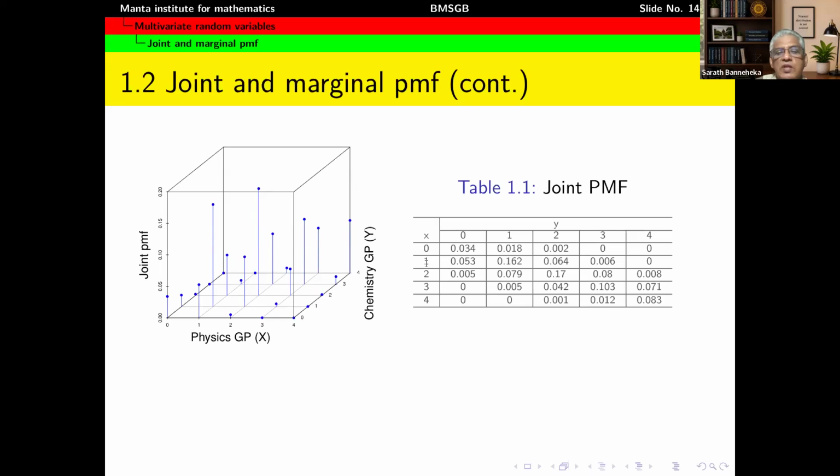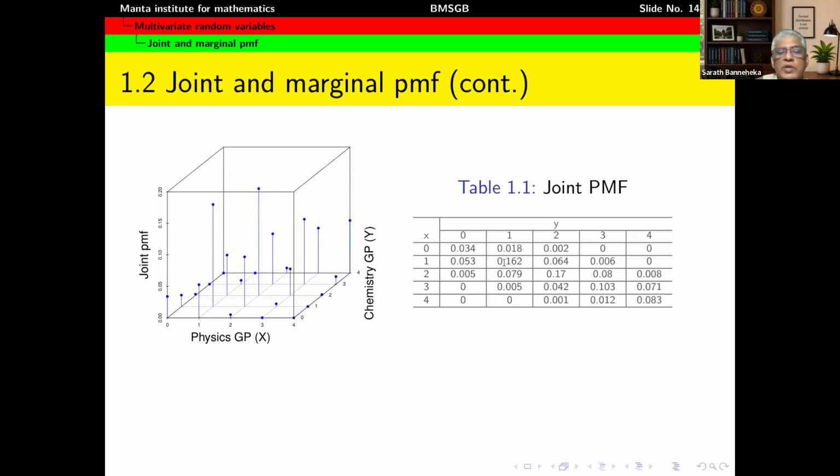And then if you consider this, those who got 1 for physics, right? Nobody has been able to get 4 for chemistry. With small probability, very few students have got 3, but nobody has got 4 in that case. Those who have GP value 1 for physics, that is one thing. The other thing is that out of these probabilities, this is the largest value.